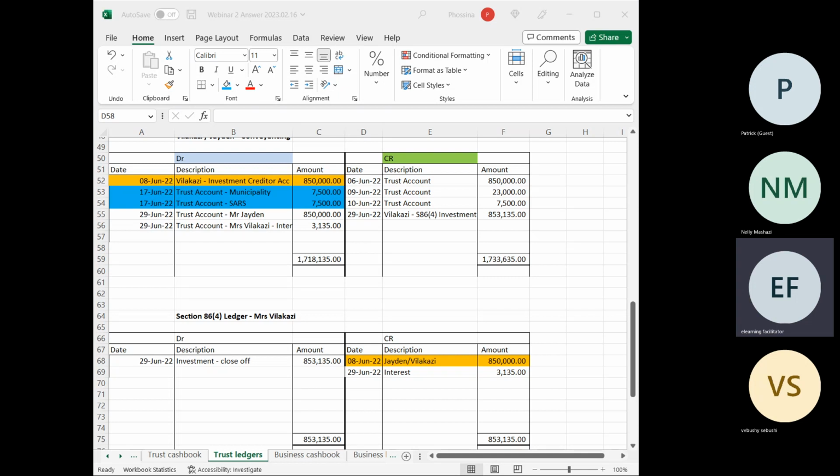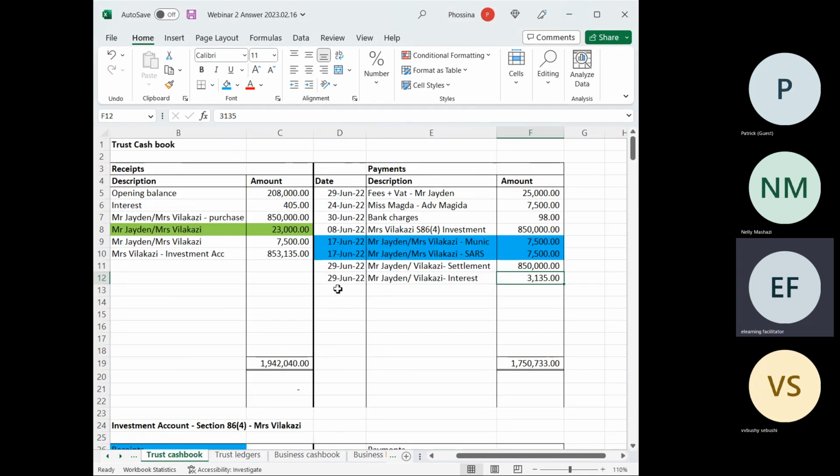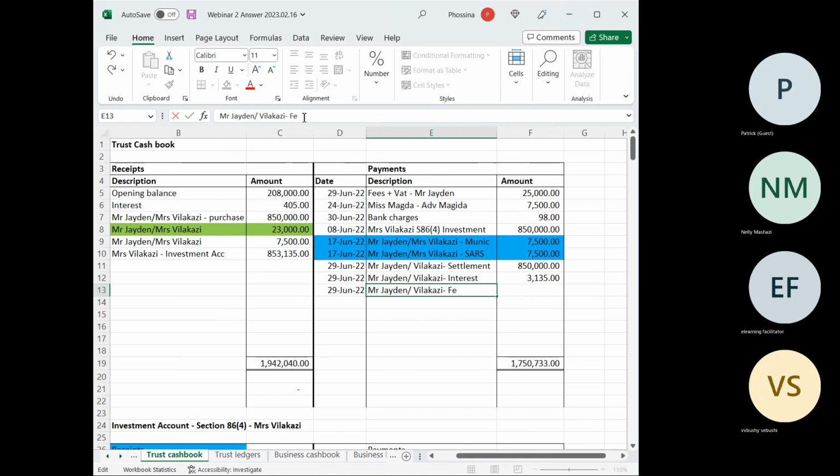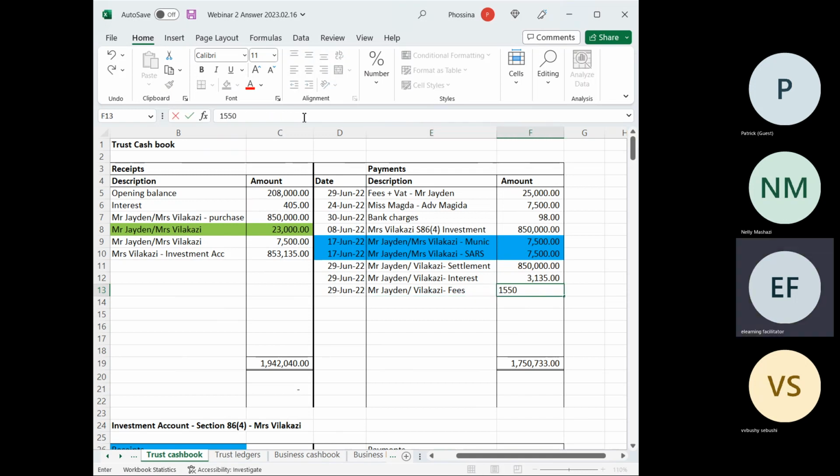So that split that we had there, we are told that our fees, transfer costs, they are amounting to 15,500 inclusive of VAT. So now we have to transfer our fees for this matter. So we are paying out of the trust account. So it's 15,500. So we'll take it in full like that.